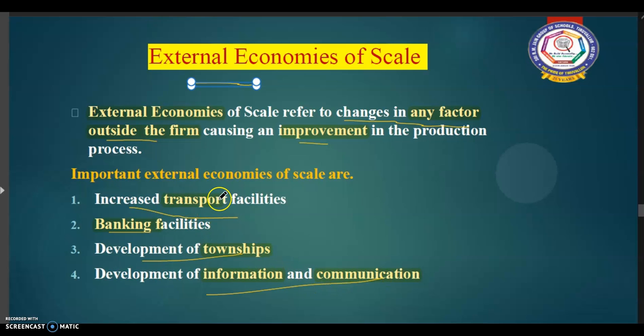These are the economies of scale which help the producer to increase his production, and he can decrease the cost of production if transport facilities are available at cheaper rates, banking facilities are available within his circle, and if there is development of townships and development in information and communication.